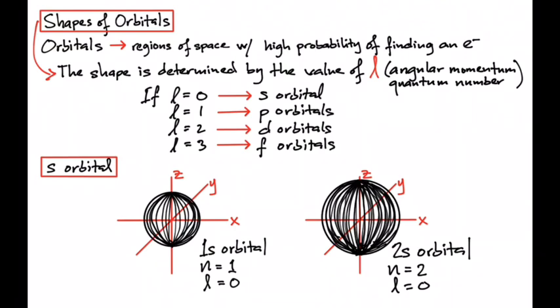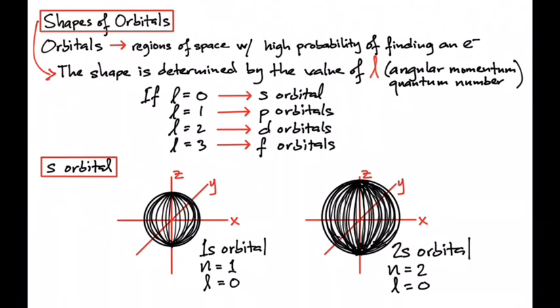So that means that if you have L equals 0, L equals 1 is also possible. But because we have specifically an s orbital, the value of L must be 0 because s corresponds to L equals 0. If L equals 1, then that means we have a p sublevel. And inside the p sublevel, you have the p orbitals. But because we have a 2s, the value of n is 2, and the value of L is 0.